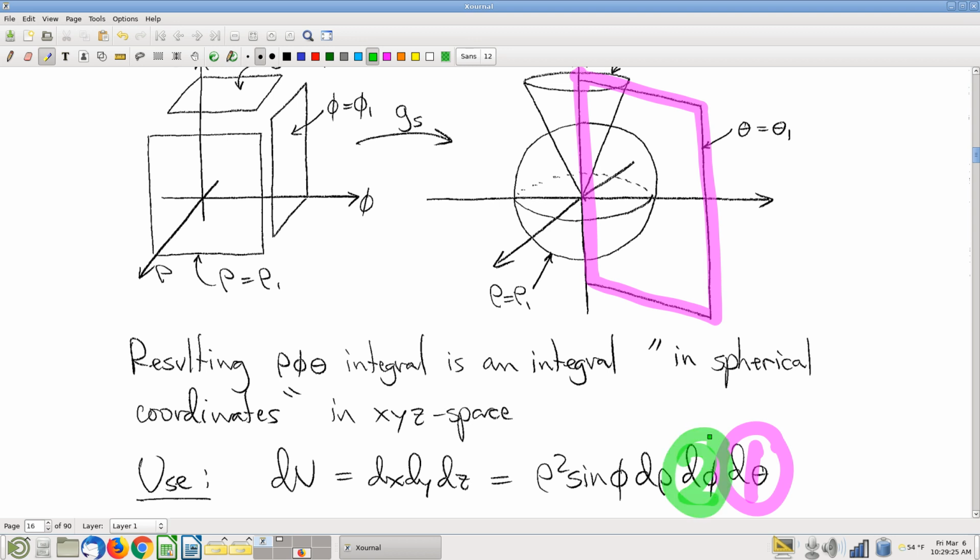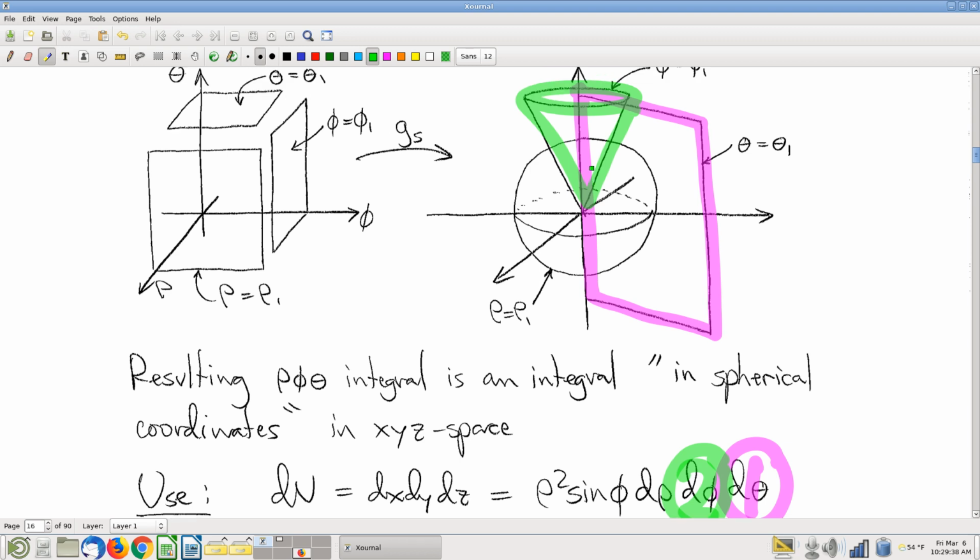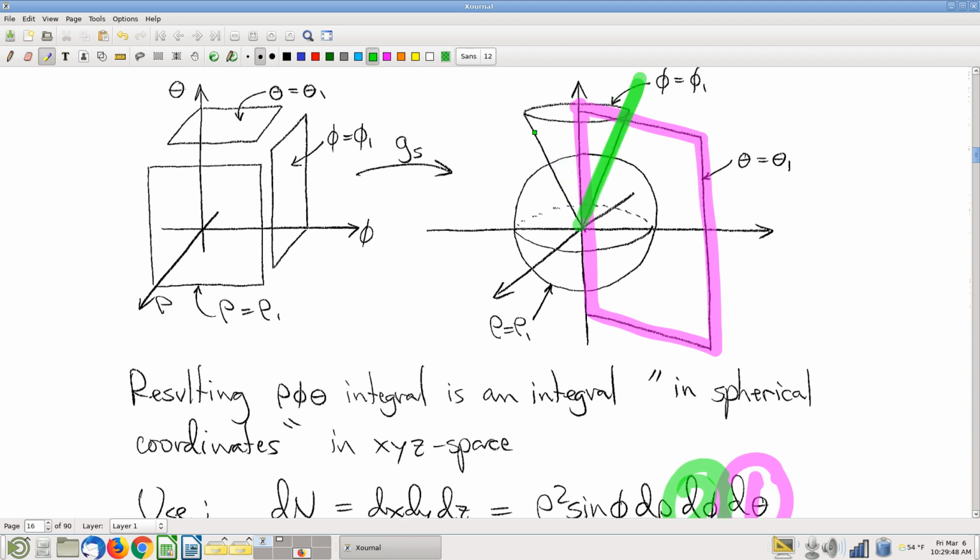Now, phi slices are kind of curvy and weird, except don't forget, we're not going to do phi slices of the original solid. We're going to do phi slices of our theta slice. And the way that phi cone intersects our existing theta plane is in a line segment, also flat.